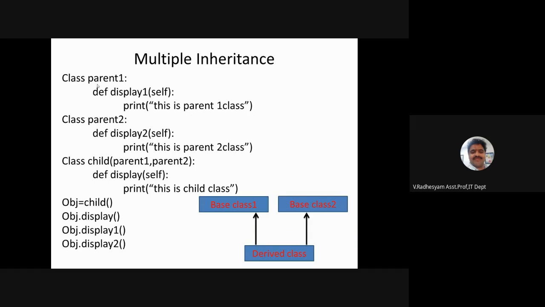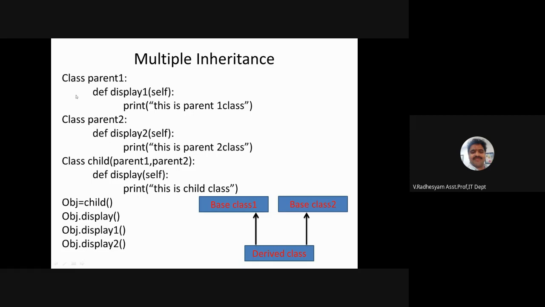Now another case called multiple inheritance. That means there is a parent 1 and parent 2, that is father and mother, and only one child. This is called multiple inheritance. Here something is different. You can see parent 1 and parent 2: two base classes, one derived class.